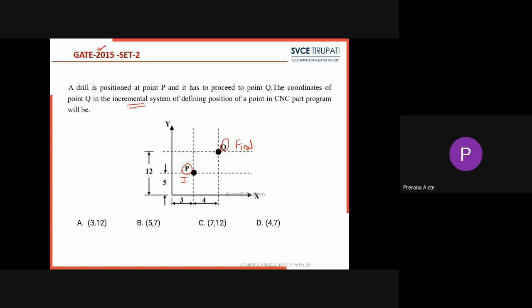So from point P to Q, the cutting tool moves in the x direction up to 4, comma, and in the y direction it is 12 minus 5. This is the required position which we want. 12 minus 5 is nothing but 7. So Q is 4 comma 7. This is the answer. It is also a 1 mark question, a 1 mark bit.